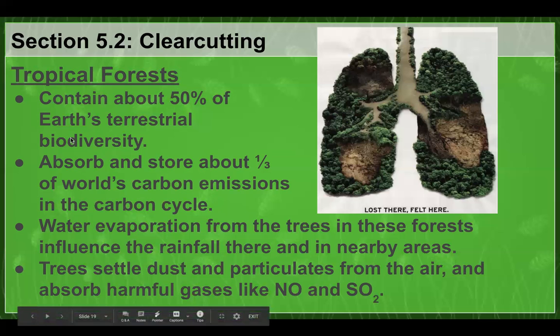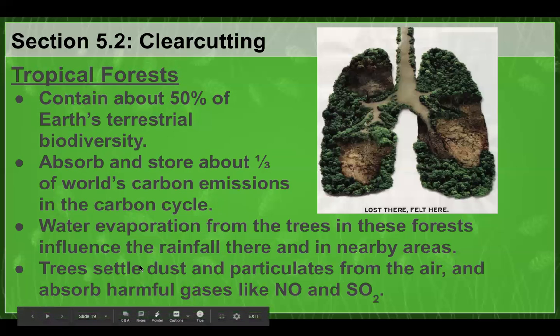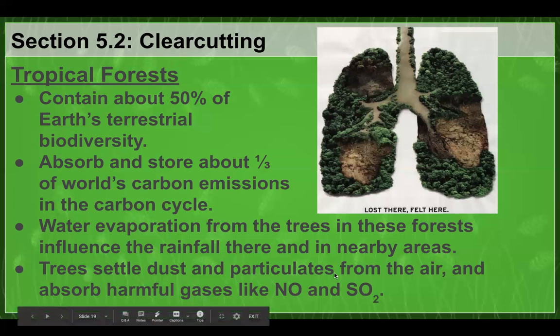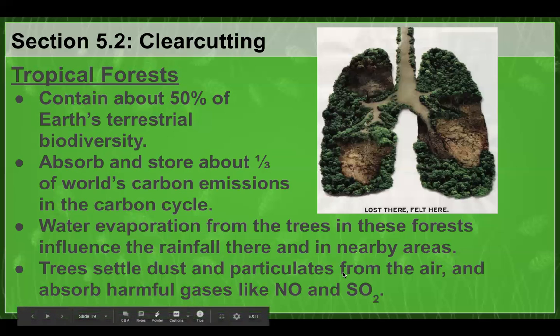Okay. Now, not just the tropical forest, but trees all over the world help to settle dust and particulates, taking those out of the air. And they can also absorb harmful gases like nitric oxide and sulfur dioxide, things that might contribute to respiratory problems for humans and other animals, and also to acid rain.